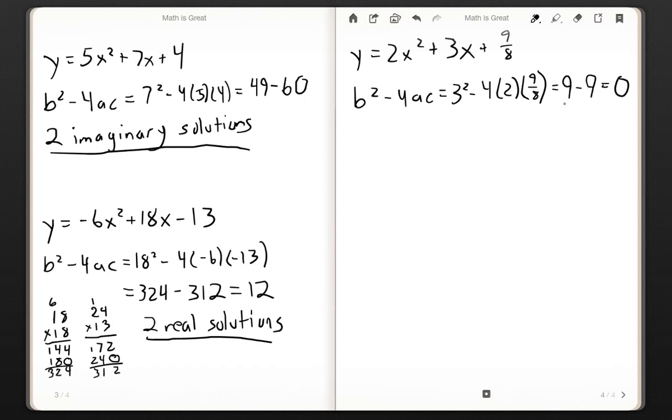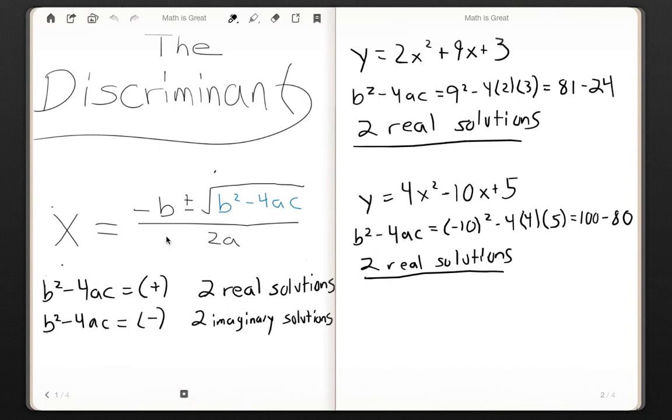What happens if the discriminant is 0? Well, let's go back and look at the quadratic formula. If b squared minus 4ac is 0, then we have the square root of 0, which is, of course, 0. And then we'll have negative b plus or minus 0. Well, adding 0 and subtracting 0 both do the same thing, which is they do nothing.